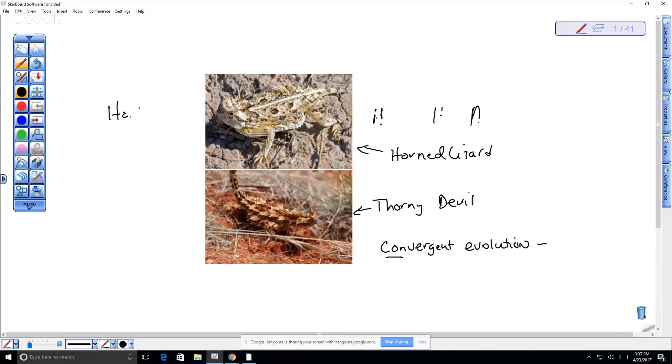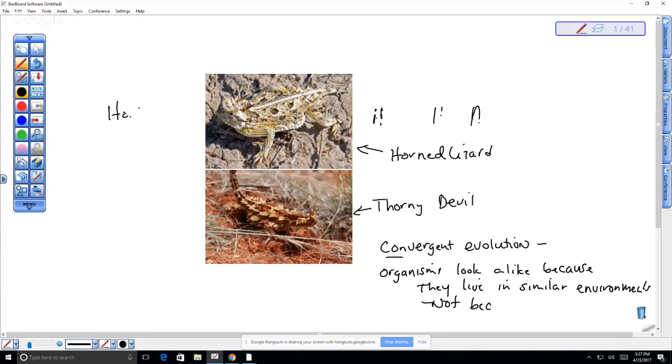So this means that organisms look alike because they live in similar environments, not because they are closely related evolutionarily.